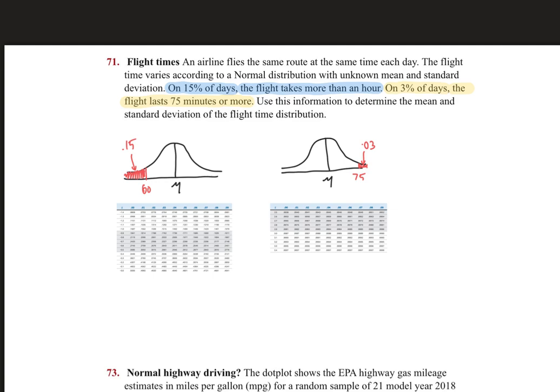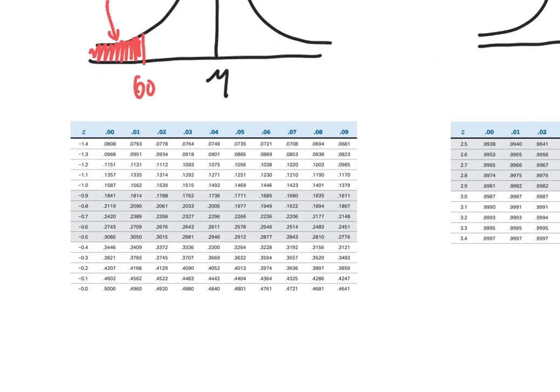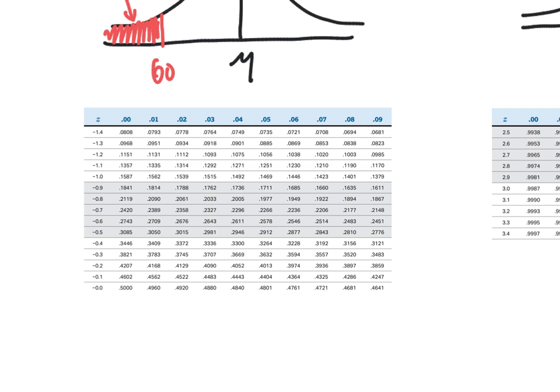Let's first find the z-score associated with 0.15 to the left. So let's scan the inside of the table for 0.15, somewhere in between those two. Notice this is like negative 1.03, and this is negative 1.04. Actually, let's just pick negative 1.04. So the z-score for this one would be negative 1.04.